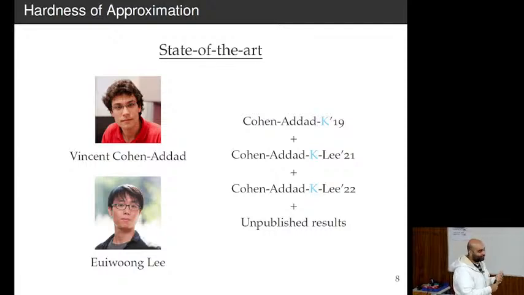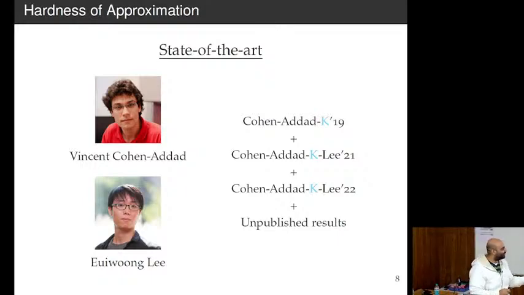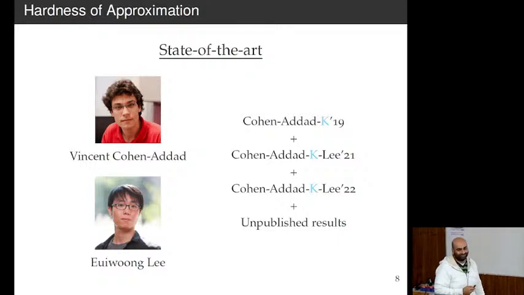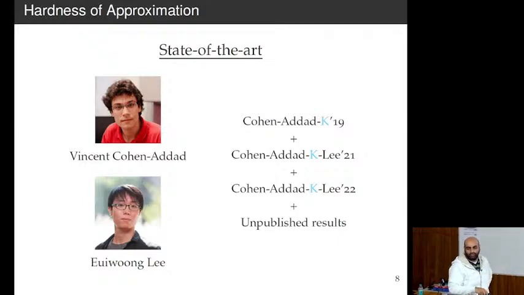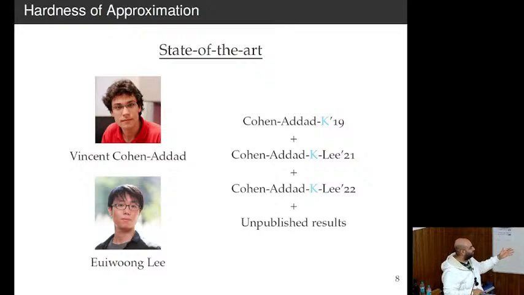If anyone wants to read these things in more technical detail, I'm giving this talk as a commitment to write a journal version. So hopefully in a few months you'll have something to read. Good. So the state of the art is this, and from now on, whenever I say theorem, it's one of these papers. I don't bother citing which exact paper it is, because I'll write a journal version.